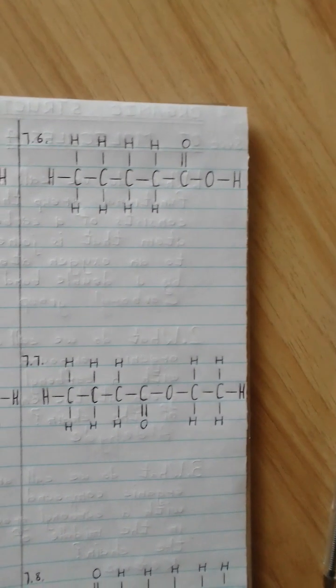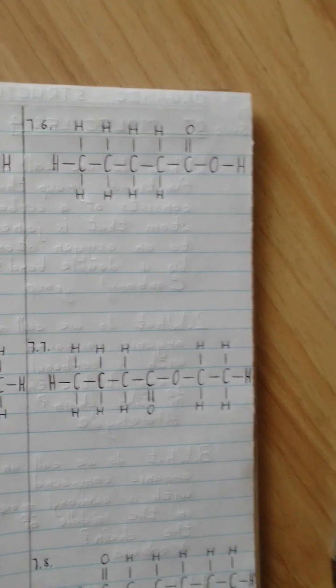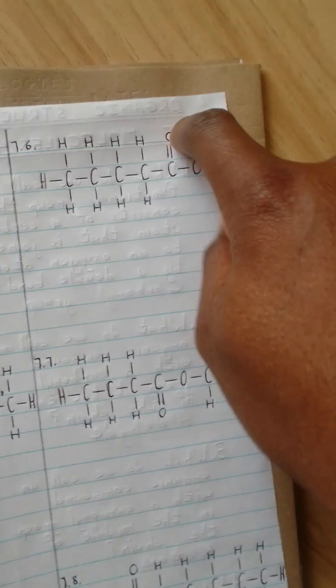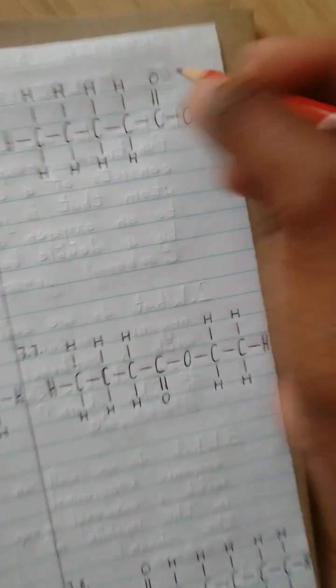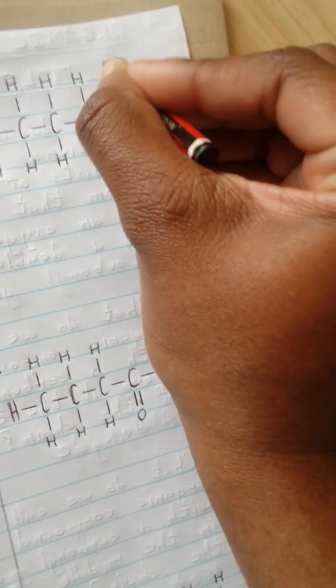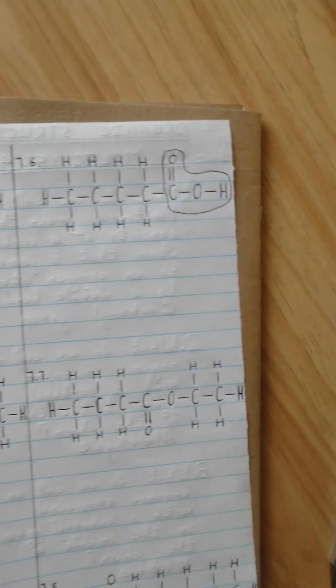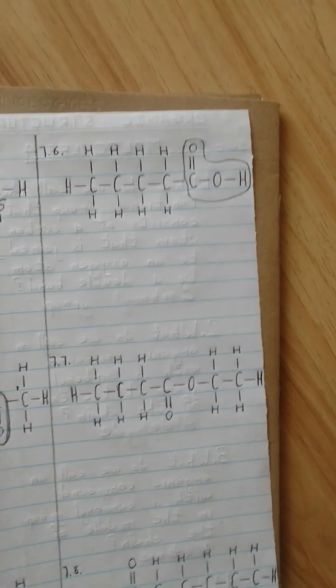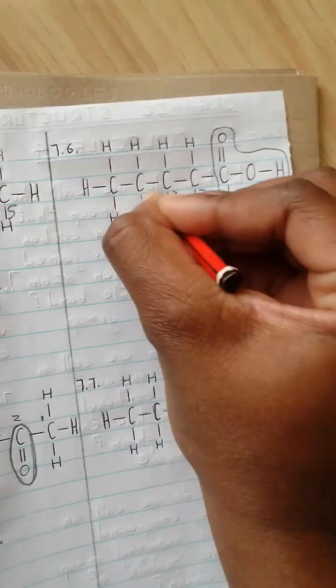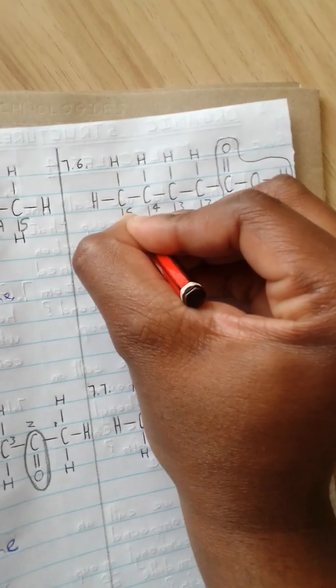Okay, 7.6, we have that organic structure, right? As you can see here, double bond to an oxygen as well as a hydroxyl group. So this is called a carboxyl group. Carboxyl group is characteristic of carboxylic acids. So we just count 1, 2, 3, 4, 5.